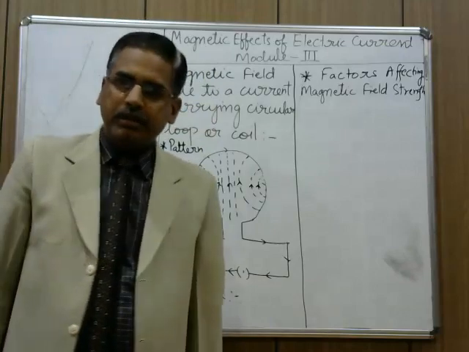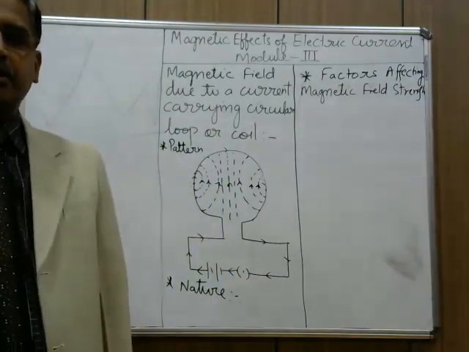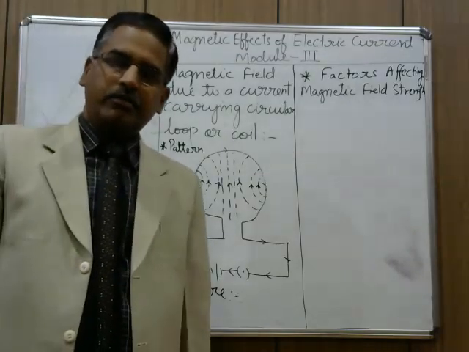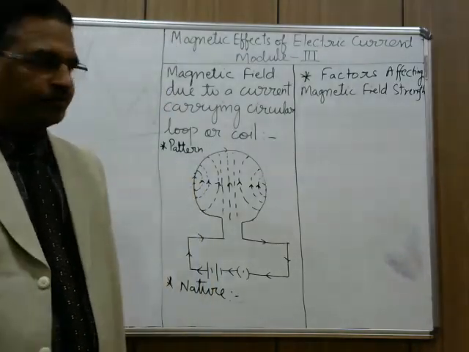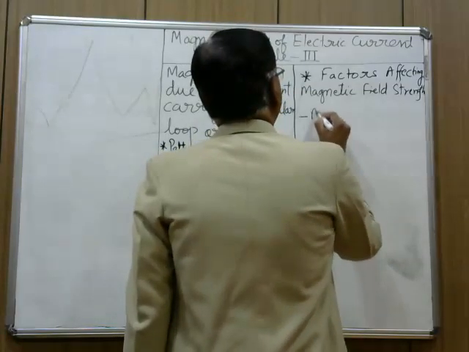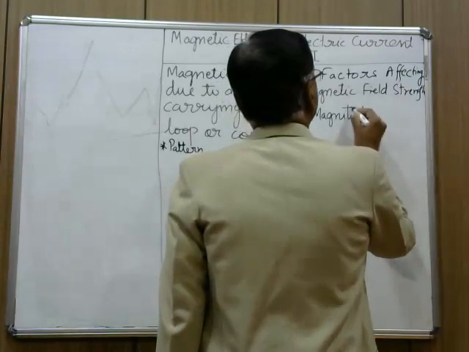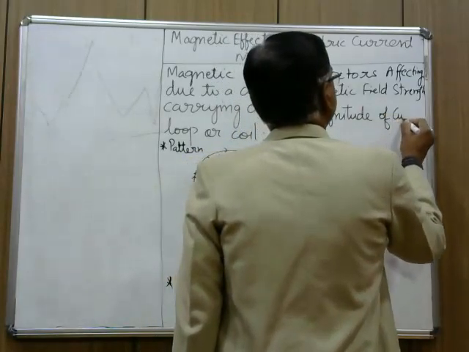There are three factors which affect the strength of the magnetic field produced by a circular loop or coil. First factor is magnitude of current.